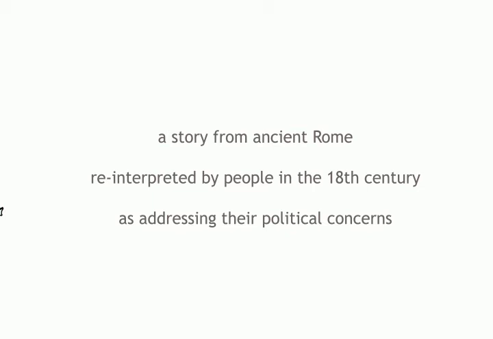They saw them mirrored in this new, austere, neoclassical style that for them was connected to a very specific set of virtues that they associated with early Rome. Simplicity, honesty, piety, prudence, respect. And also the willingness to fight for your state at the expense of your personal concerns, of your family.